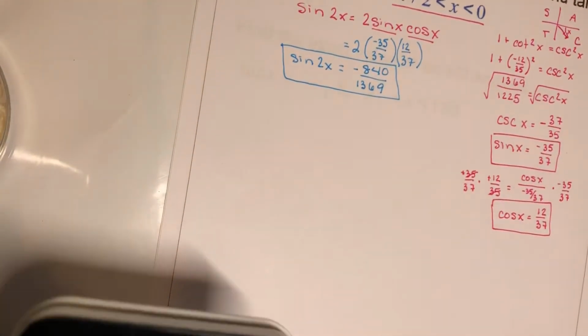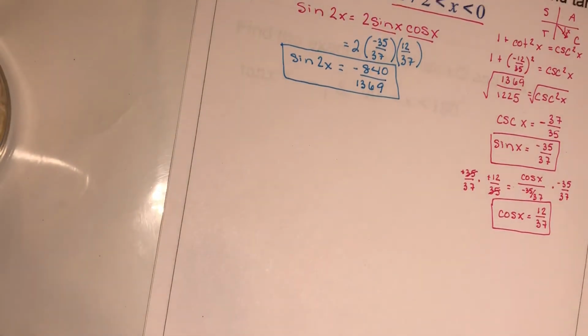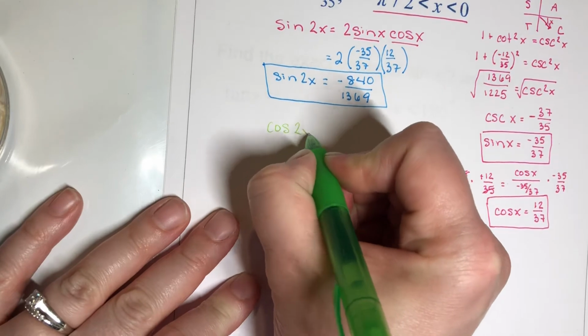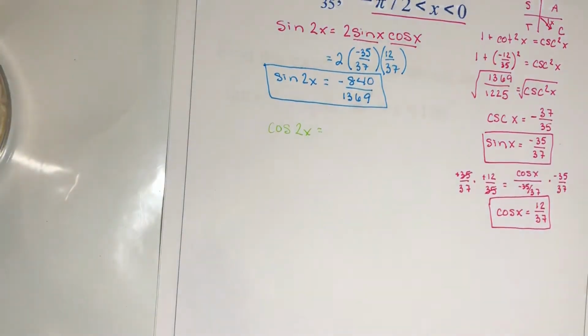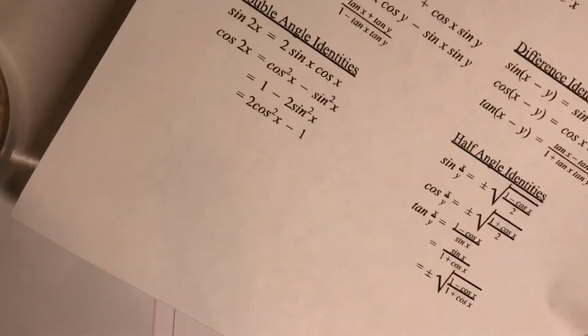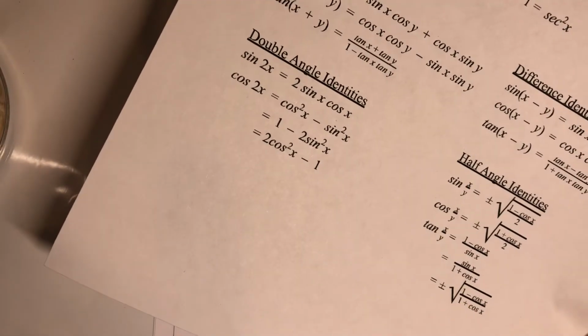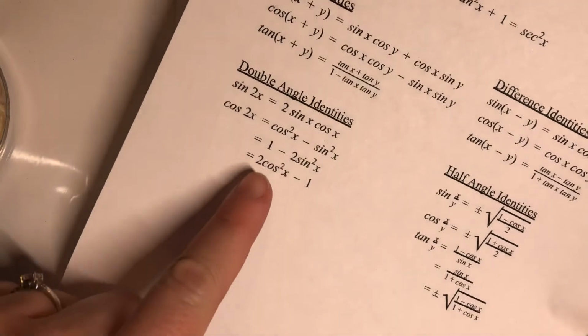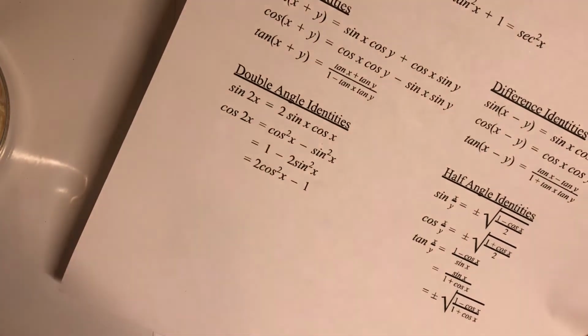Now we have to find cosine. So now we want to find cosine of 2x. And to find cosine of 2x, we have three choices to choose from. It really doesn't matter which one we choose. You will get the same answer with all of them. However, with one of these bottom two, I only have to plug in one thing.